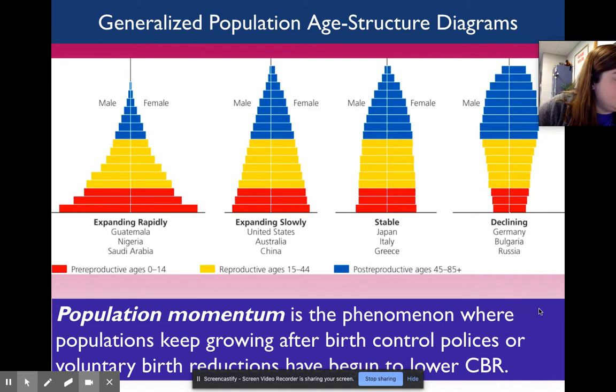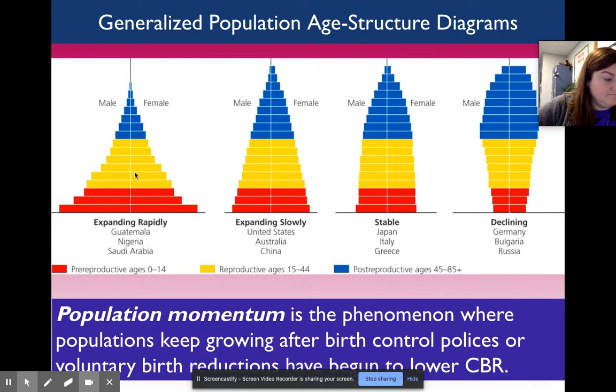And it makes sense too, as it says in your notes, the wide base at the bottom down here in the red and yellow indicates that the population is going to continue to grow even more, because there are a large number of women that have not had children yet, but are potentially able to. So as it says on this slide, population momentum is just the phenomenon where populations keep growing after birth control policies or voluntary birth reductions have begun to lower the CBR of a country.